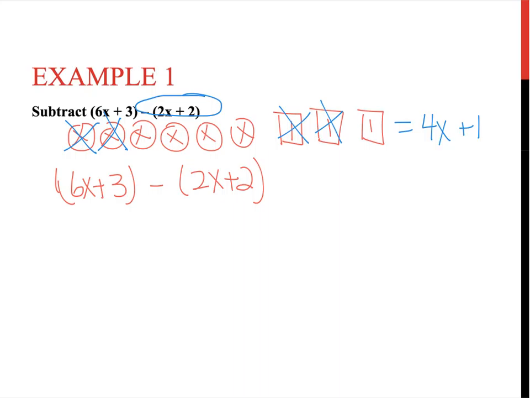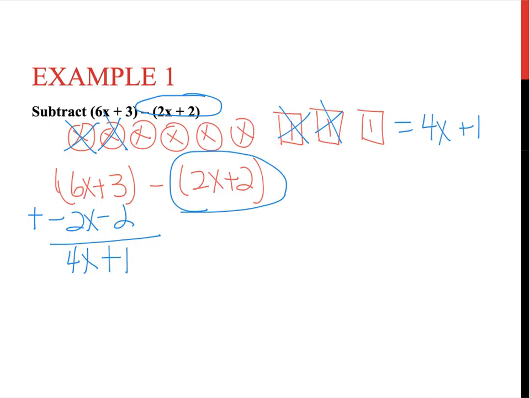So, if we are going to add the opposite of this, the opposite of 2x is negative 2x, and the opposite of plus 2 is subtract 2. So now I've got 6x plus a negative 2x. Well, 6 minus 2 is 4x, and positive 3 and negative 2 is positive 1. I still come up with the same answer.